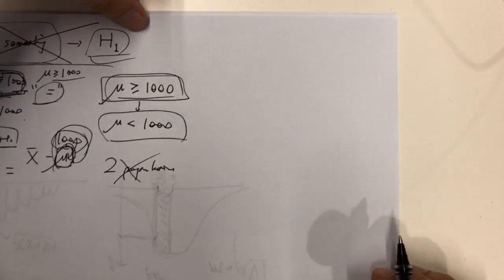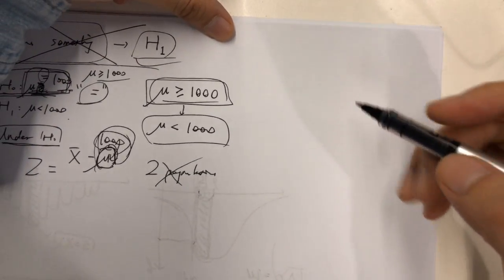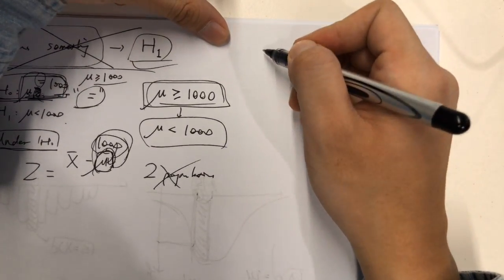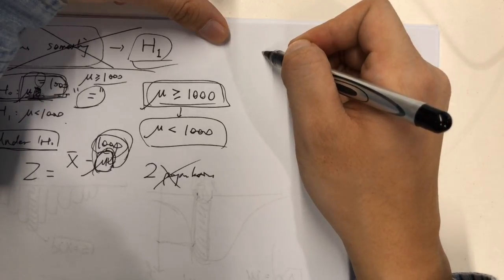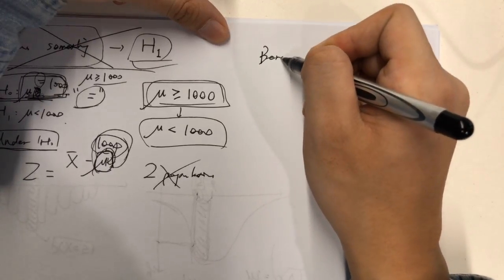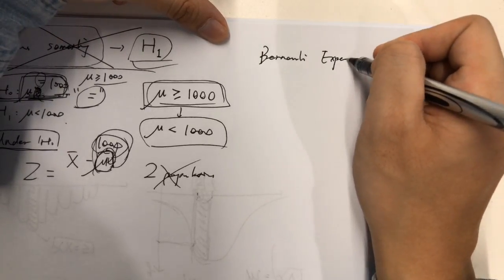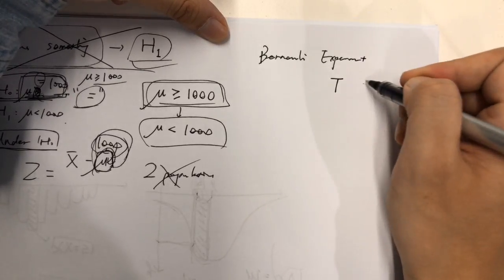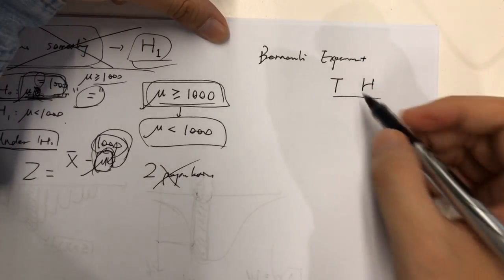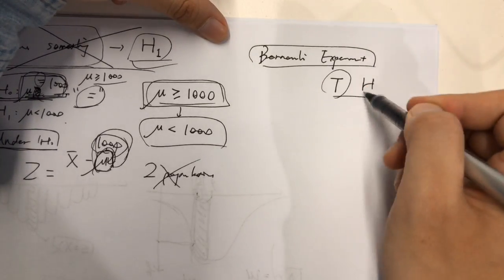But basically, we use the binomial distribution when we observe the repeating of what are called Bernoulli trials, or Bernoulli experiments. If we find a Bernoulli experiment in the question, for example, flip a coin, we can have a tail or head, right? So a Bernoulli experiment is the kind of experiment that has only two outcomes.